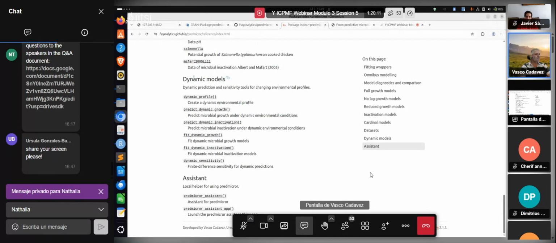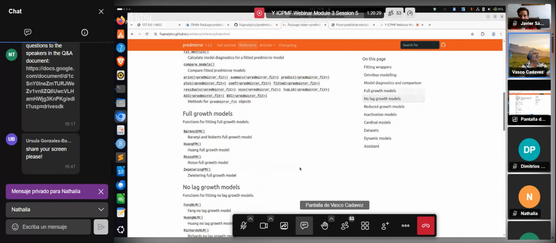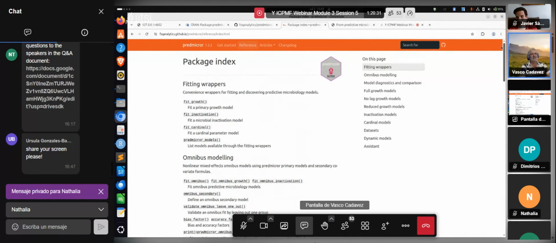You have also a section for dynamic modeling, and you have also one assistant. We are in the era of AI, so we developed a small AI agent to help you using the package.